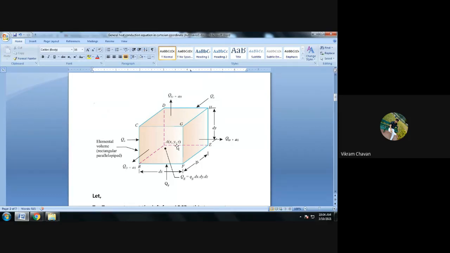Each element or molecule of a heater will generate heat if you pass electric current through it. So we consider that Qg amount of heat is generated by this particular element. In a simple manner, the volume of this element is dx multiplied by dy multiplied by dz.